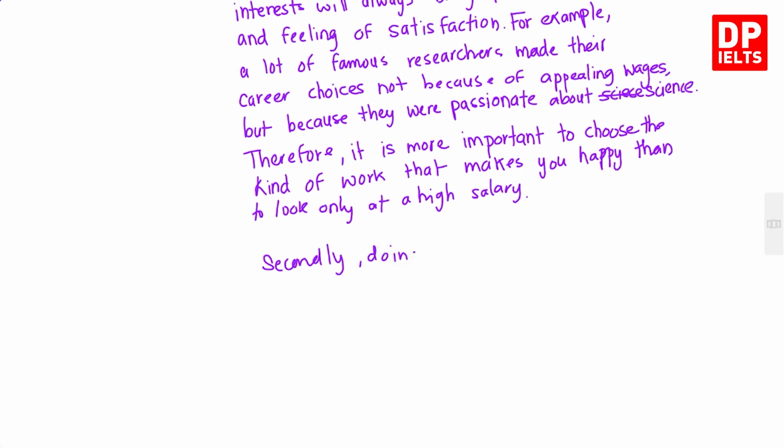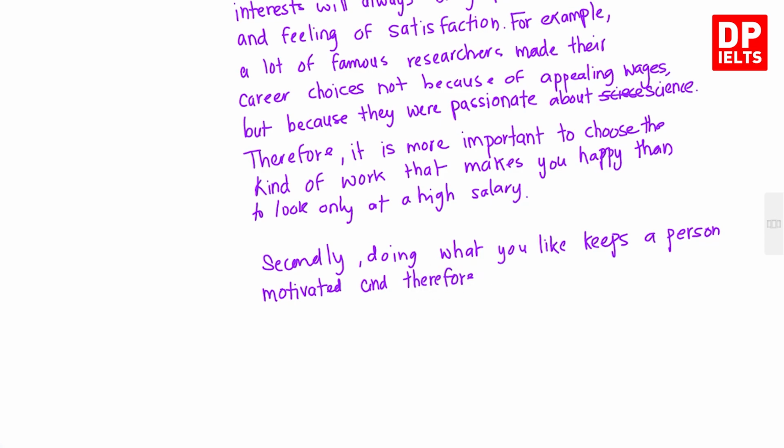Doing what you like keeps a person motivated and therefore leads to career growth.